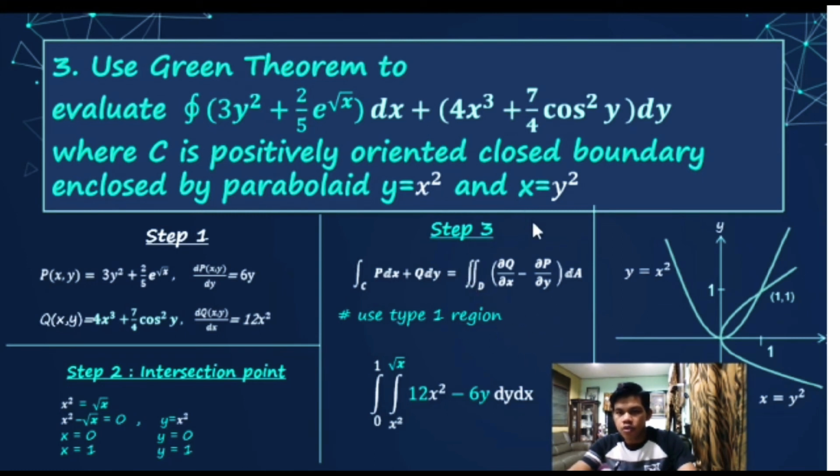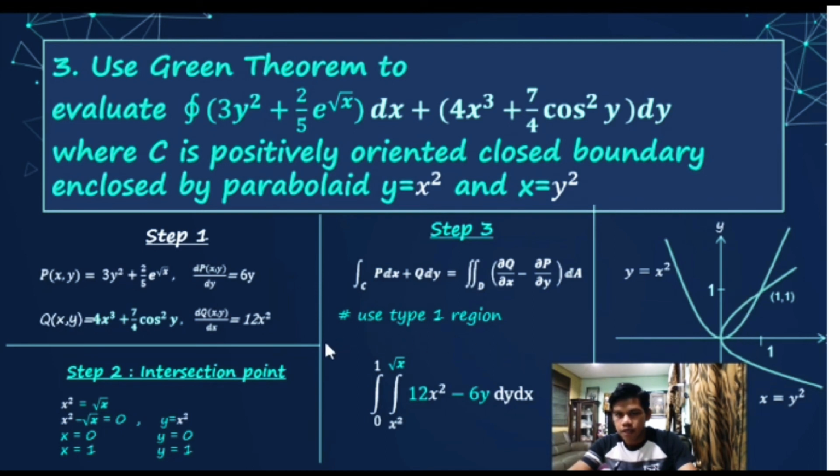Then we go to the next step, which is to find the double integral. We use the formula of the double integral of dQ over dx minus dP over dy dA. To solve this question, we need to use a type 1 region, which means we sketch a vertical line here.